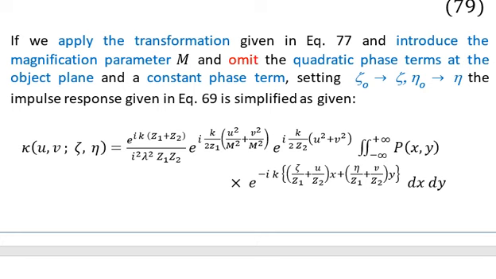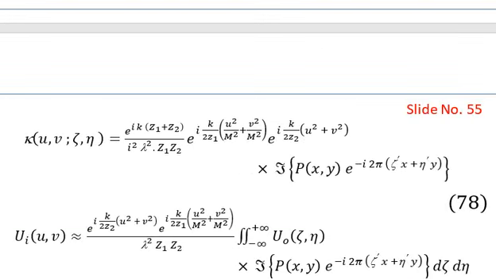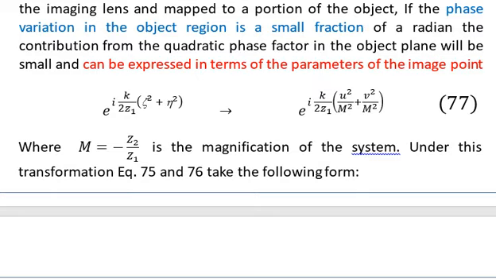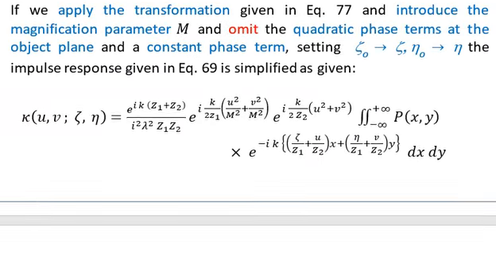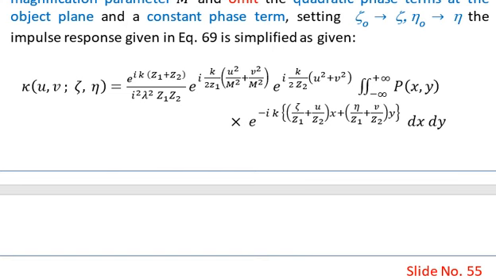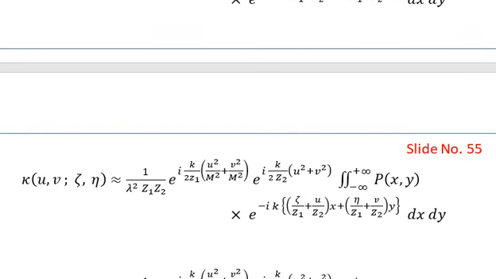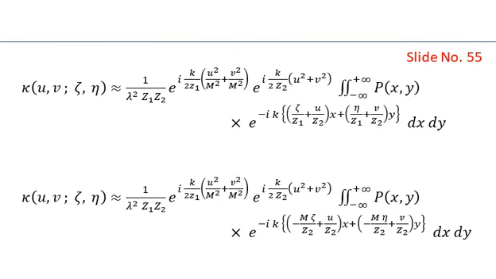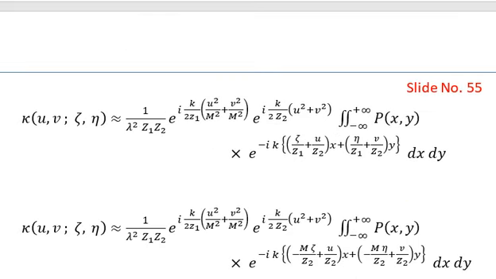So you see that this is the impulse response in the simplified form from equation number 69 using the transformation given in equation number 77. In the next step we have omitted the constant phase factor, which is e to the power iota k multiplied by the parenthesis z1 plus z2, and also we can get rid of iota square in the denominator, and this is again the impulse response of the system following the above statement.